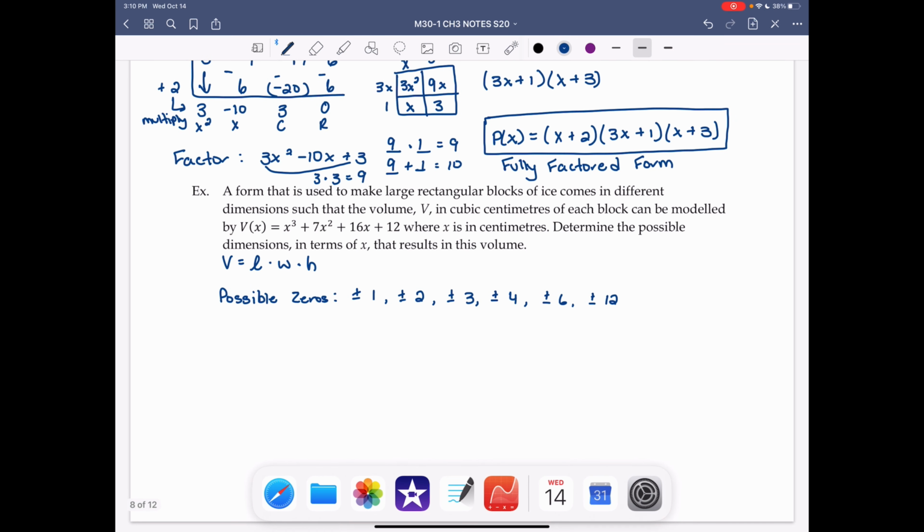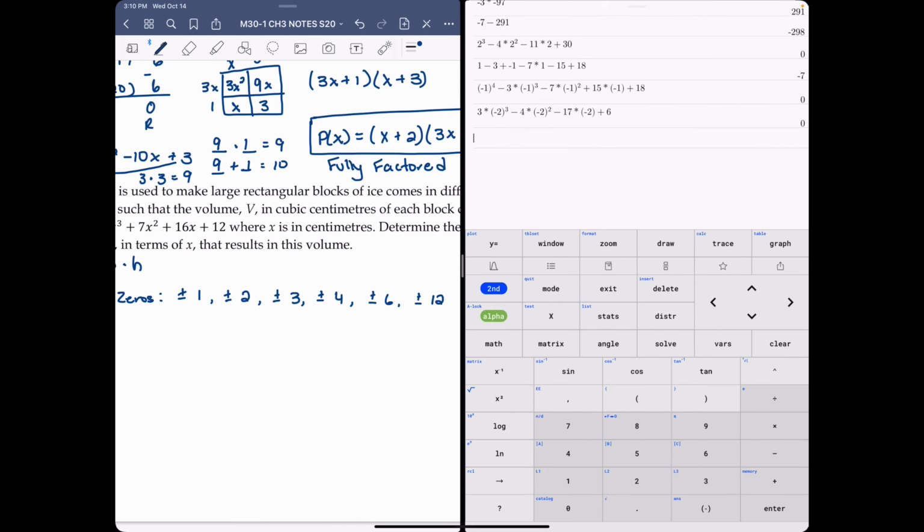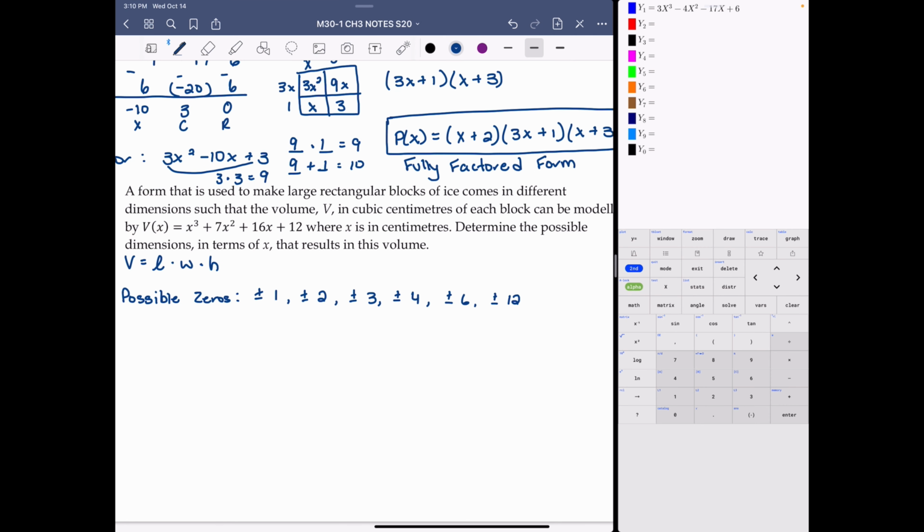So we cheat the system and we use our graphing calculator so that we don't have to test them all. So we have x to the power of 3 plus 7x squared plus 16x plus 12.